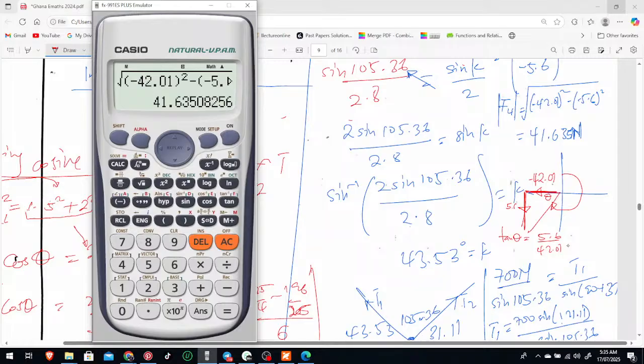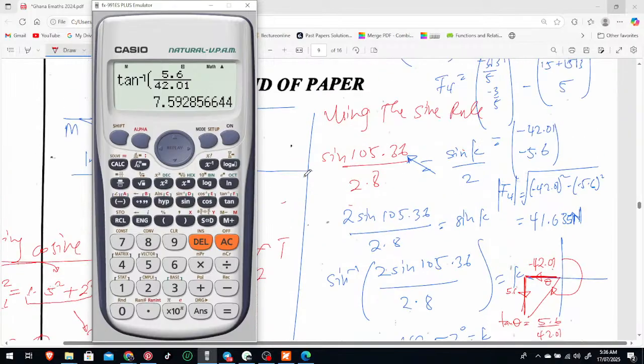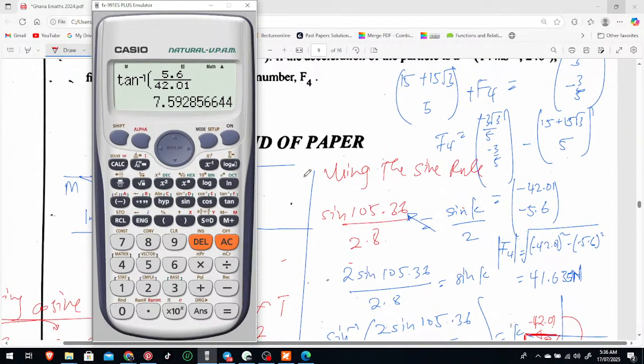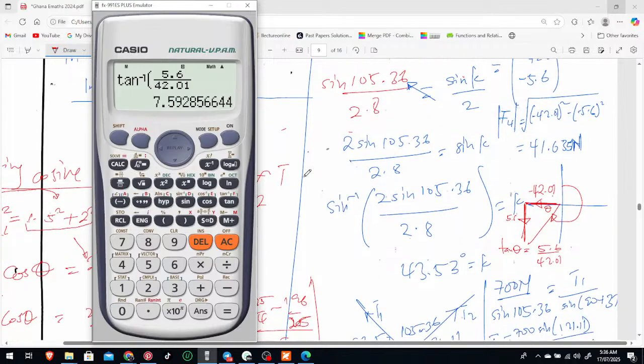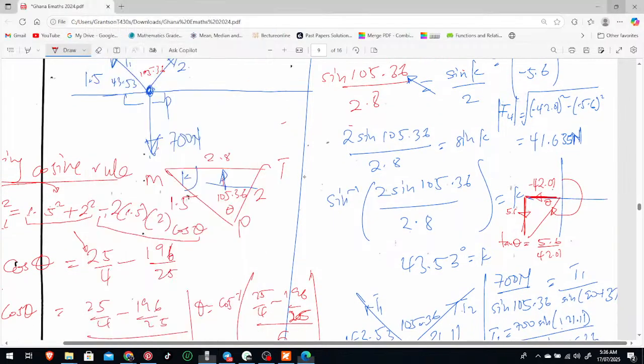So theta will be tan inverse of everything. Don't worry, later you can come to YouTube and check it again. Let me check my values again. So theta equals 7.59.